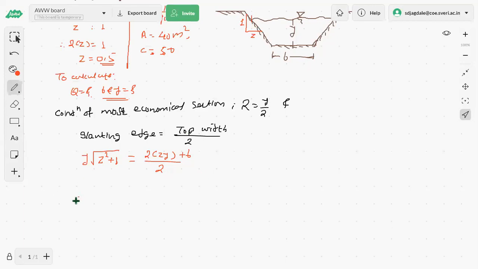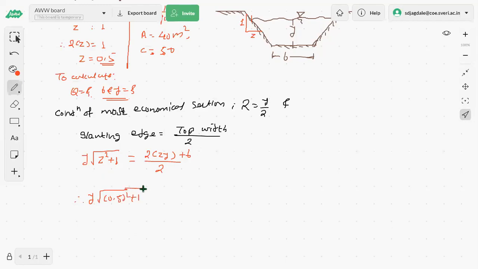Now put up the values in the same. Put up the value of Z. So Y into root of, the value of Z is either 1/2 or 0.5. We will go for 0.5.